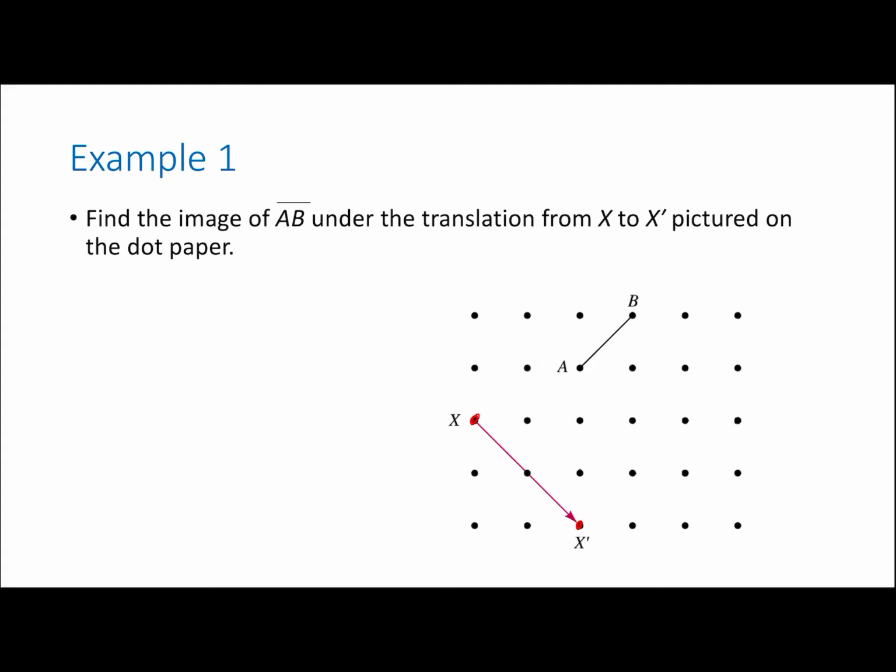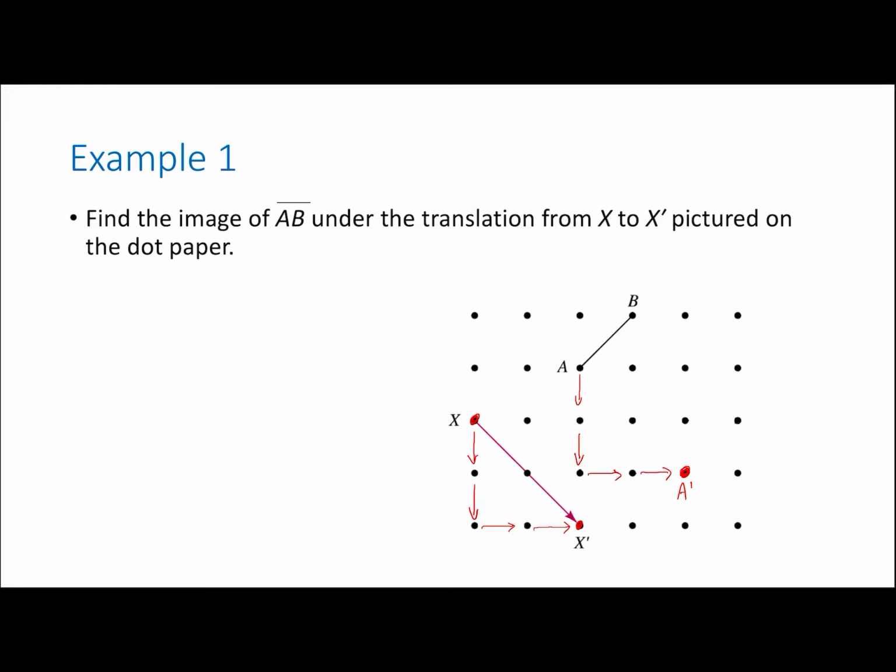So think about, how does X move from where it is currently to X prime? Well, if you'll notice, it goes down 2 units and then goes right 2 units. So by that same logic, if we were to take point A and move it down 2 units and then move it right 2 units, then point A prime should be here.